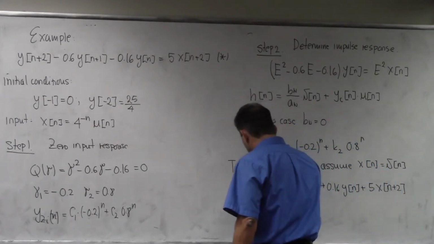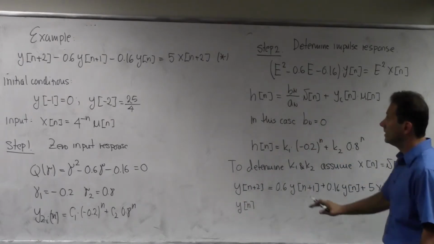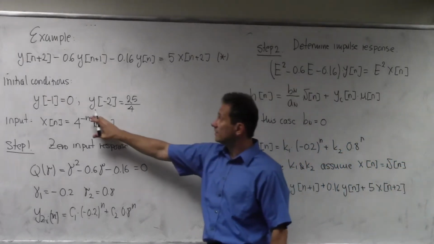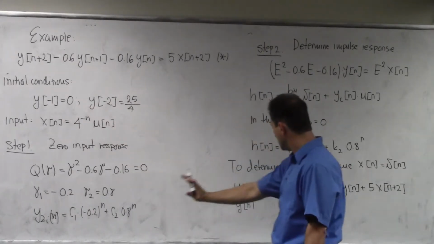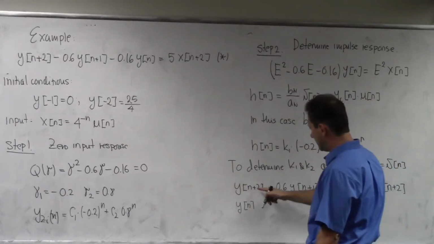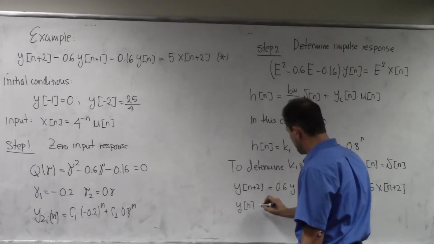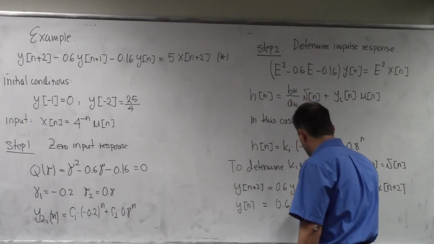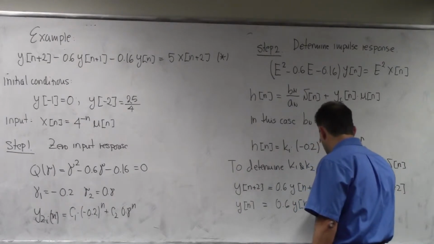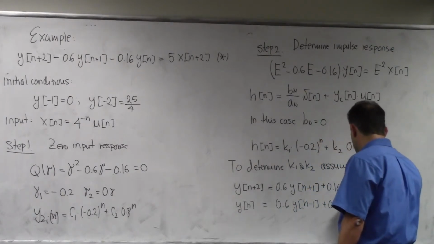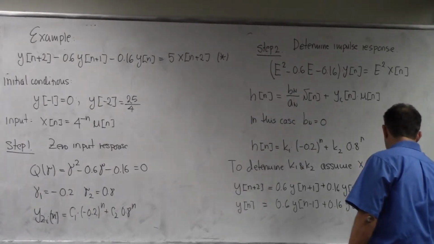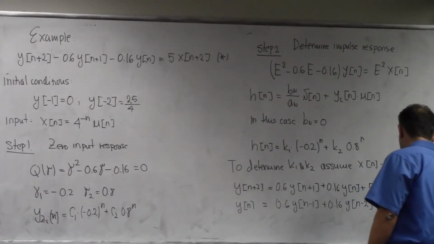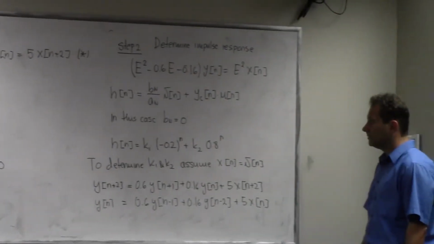And really, most of the time what we do is we shift, because depending on where your initial conditions are given, like in this case for n equal minus 1 and minus 2, then you shift everything by whatever is the highest order here. So this is 0.6 y of n minus 1 plus 0.16 y of n minus 2 and plus 5 x of n. And now your equation is ready.